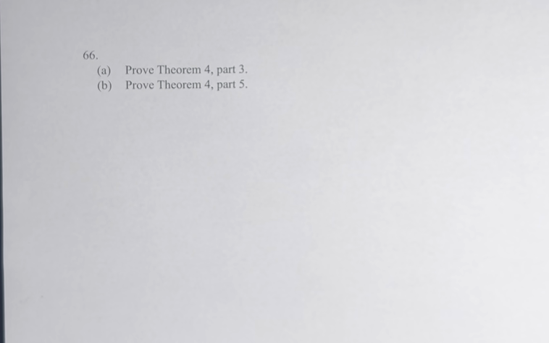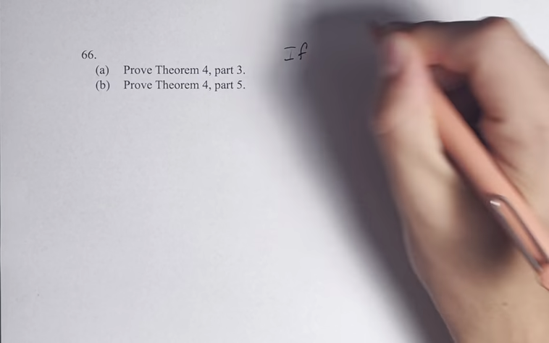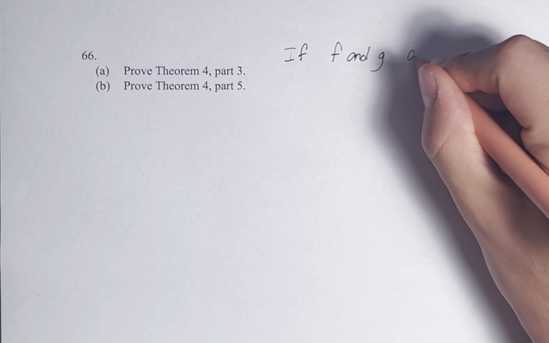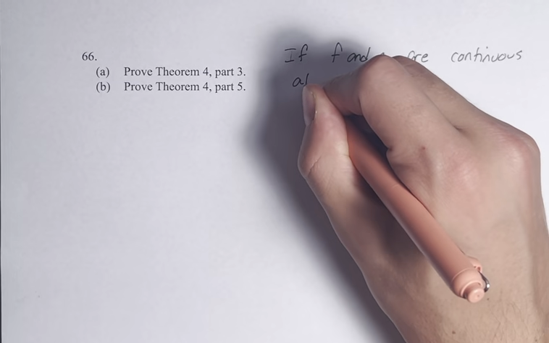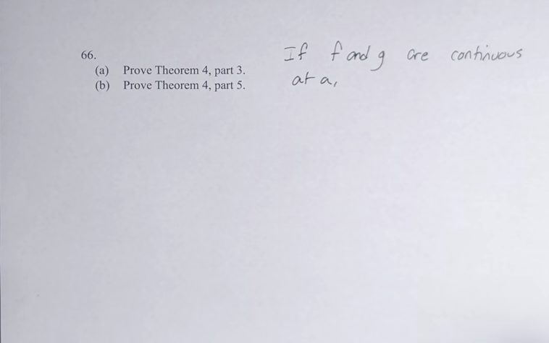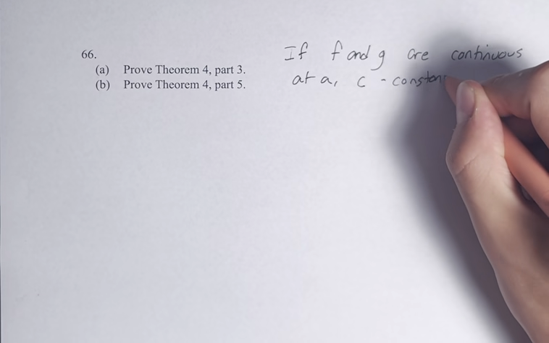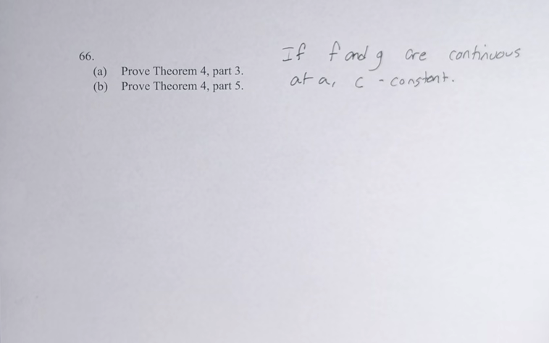In this problem, we're asked to prove Theorem 4, parts 3 and 5. So first we have to state what Theorem 4 actually is. Theorem 4 states that if the functions f and g are continuous at some point a, and we also have c as a constant, then we have a set of functions that are also continuous at a.